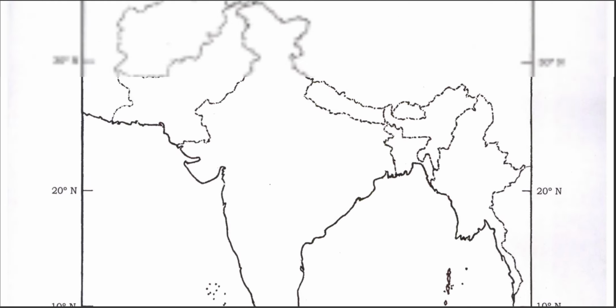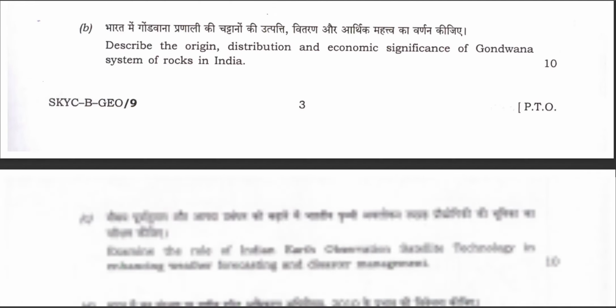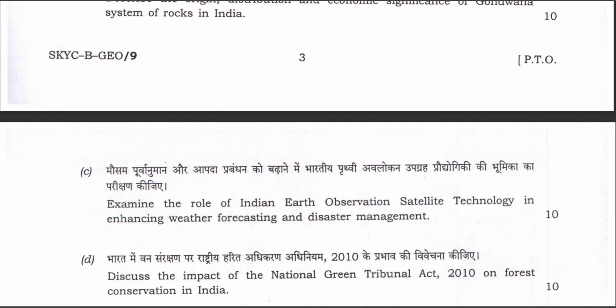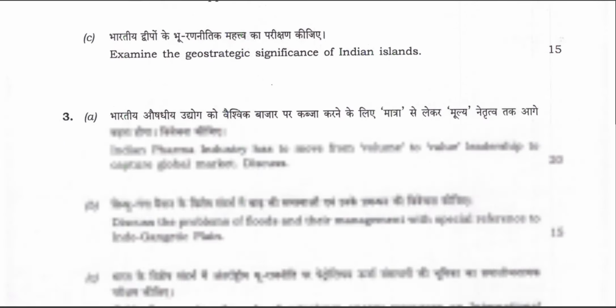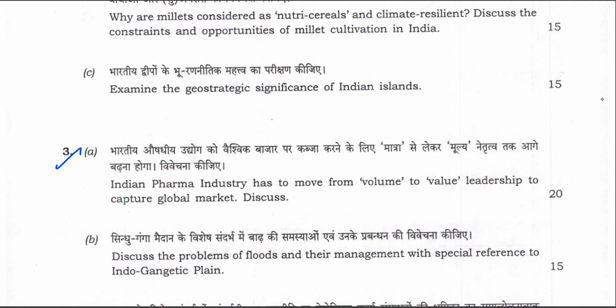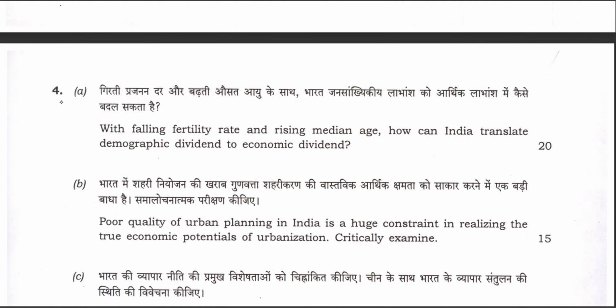Right. The first question is mapping, which consists of 20 marks. The remaining 30 marks is B, C, and D. These questions are compulsory. And then we have second question, third question, and fourth question. Out of these three questions, we have to choose either one question or two questions.